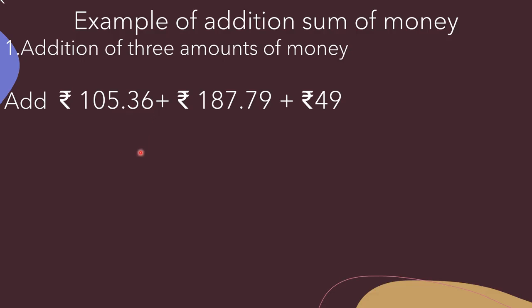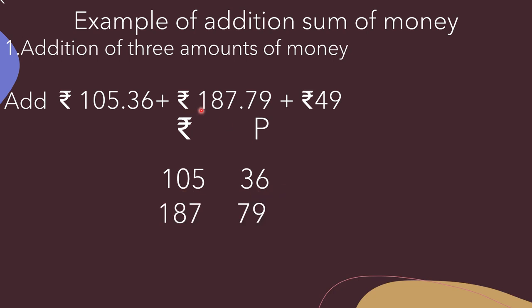So first of all we will write the units, rupees and paise. Then we will write 105 rupees and 36 paise. After that we will write 187 rupees 79 paise below it, and then we have to write 49 rupees. And how can we write the 49 rupees? Here 49, and paise is 0, 0.